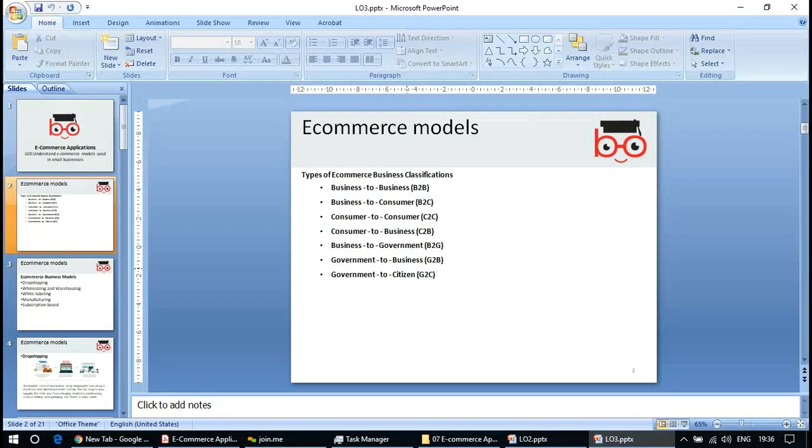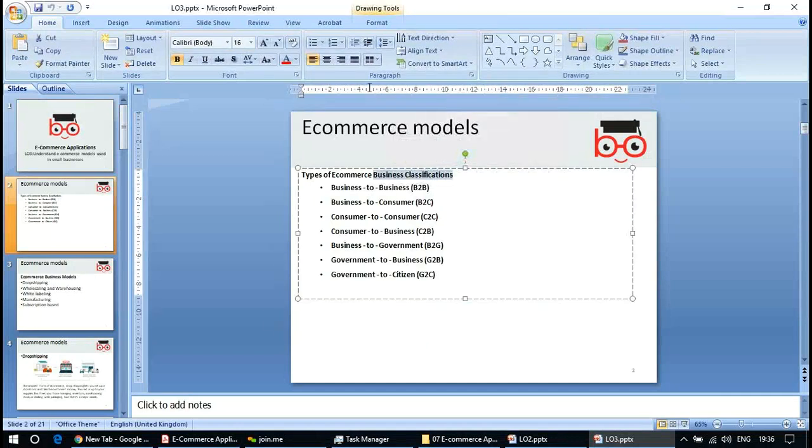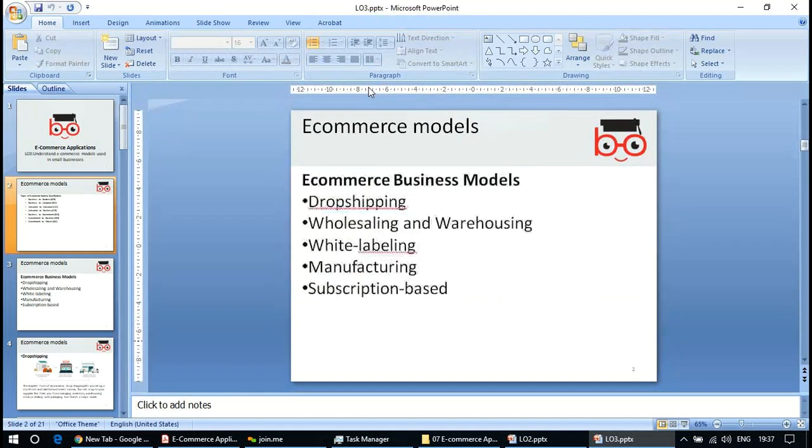Do you remember this? Yeah, I remember. These are basically the classifications, and some of the writers call them models. But what I found different in the same source is that these are the classifications, and the models are here.